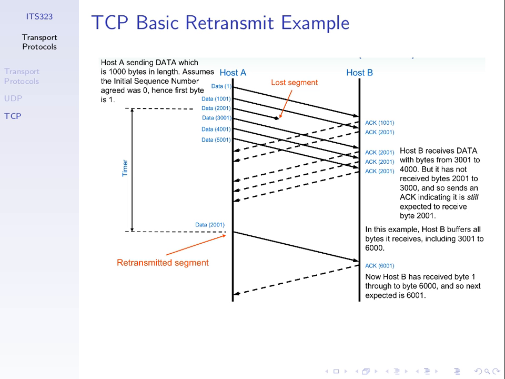That indicates to A that the segment with sequence number 2001 has been lost. When we receive this third duplicate ACK, A immediately retransmits that segment. And that's shown in fast retransmit.